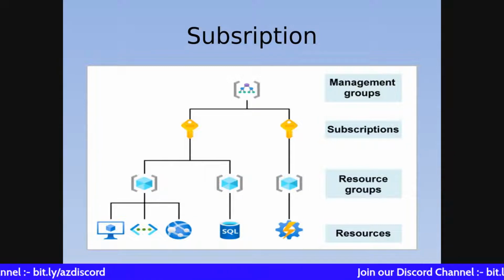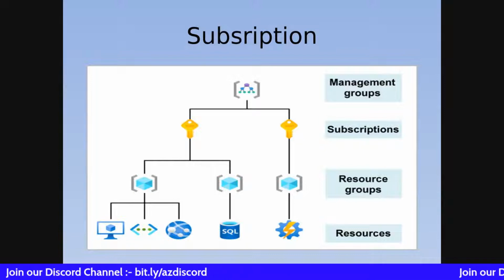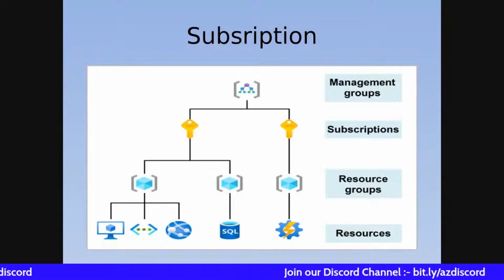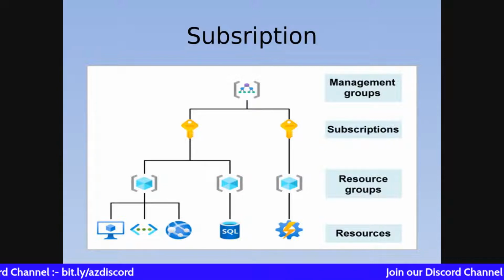You can have extra management groups for dev environment, production, and testing, and below that you can have subscriptions for production, development, and testing. Then you can segregate the resources, like this resource group is only for dev environment, this resource group is only for testing. That will be easy when you use different subscriptions and management groups. So that's what I'm telling.